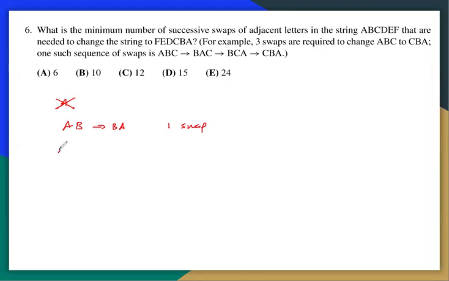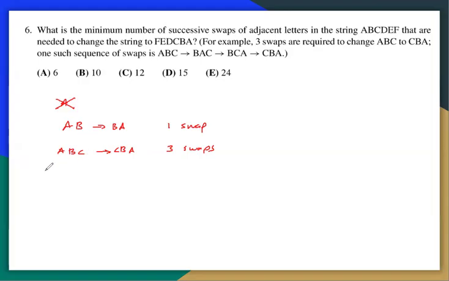But if I have ABC, which we are given, and if you want to make this CBA, we know that this is going to require 3 swaps. This is what we have, but let's try to see if we can make a general statement from these 2. And if we cannot see, we maybe list the 4 version as well. And then if that does give us something, we can try that.